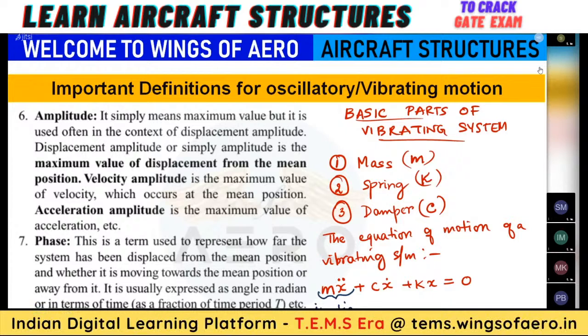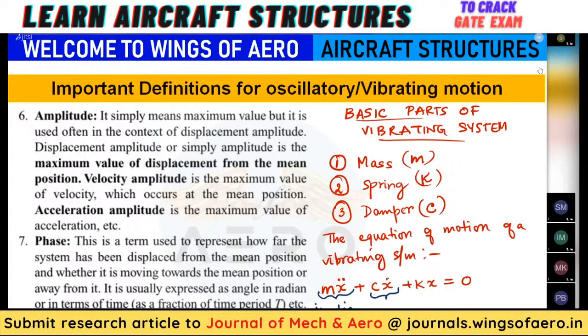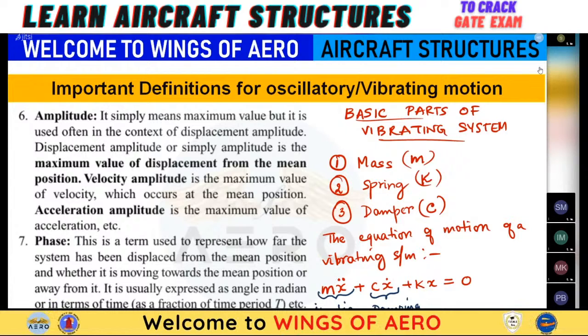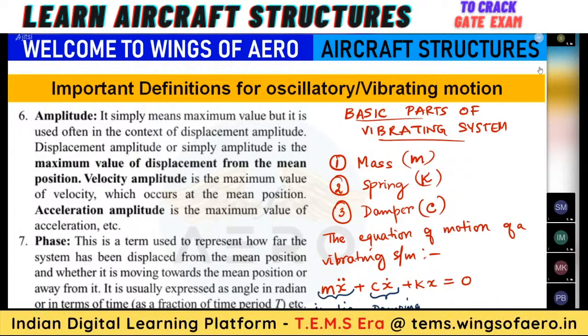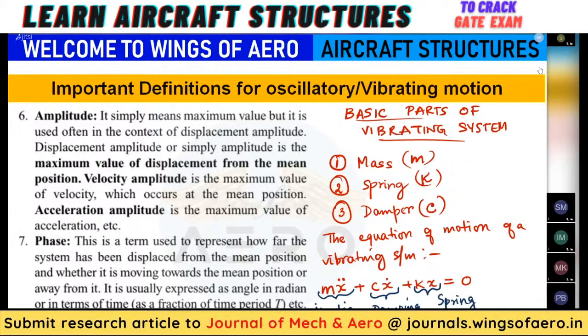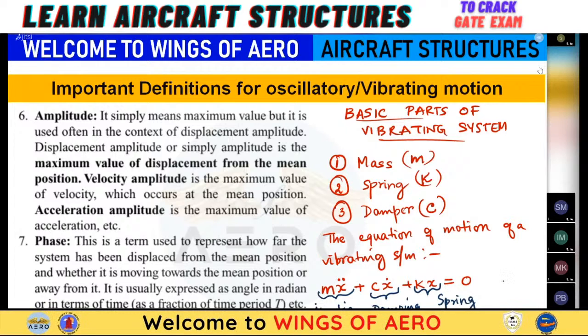If they give the inertia force, they mean m x double dot. c x single dot is the damping force. And k x represents the spring force.